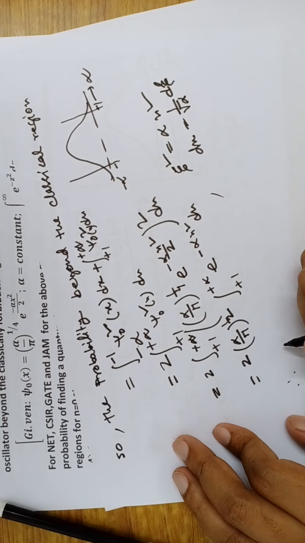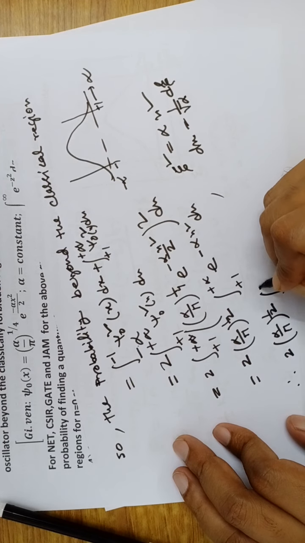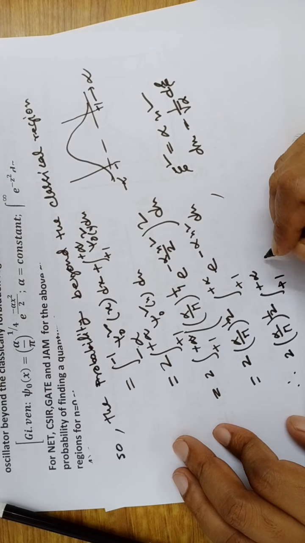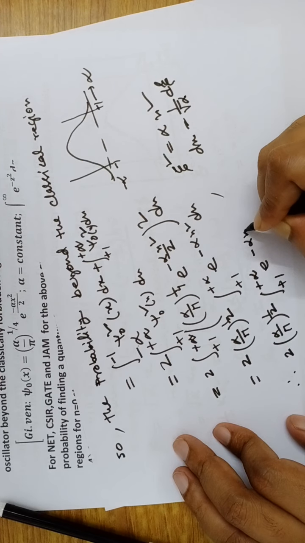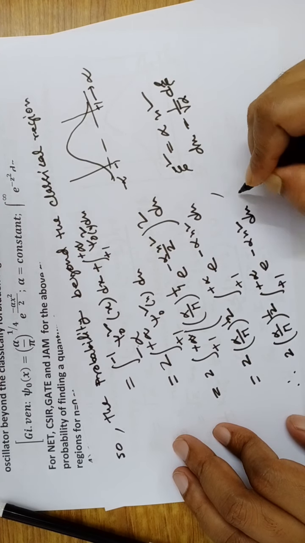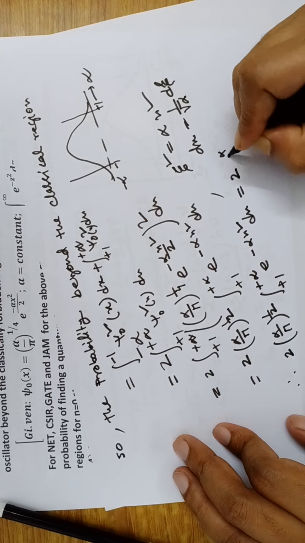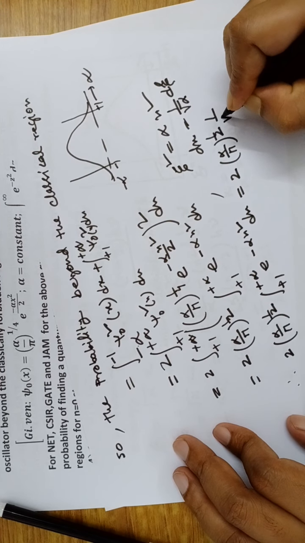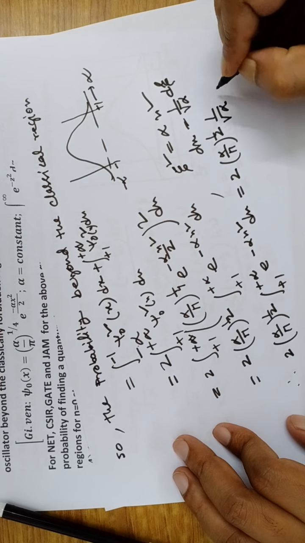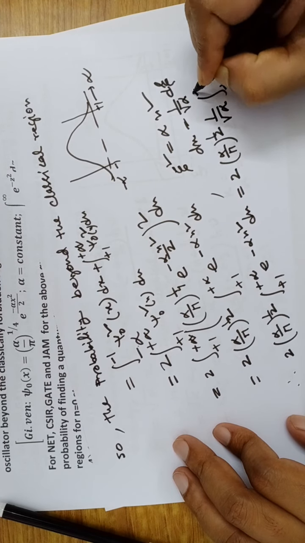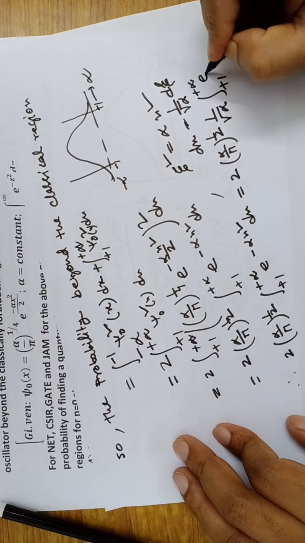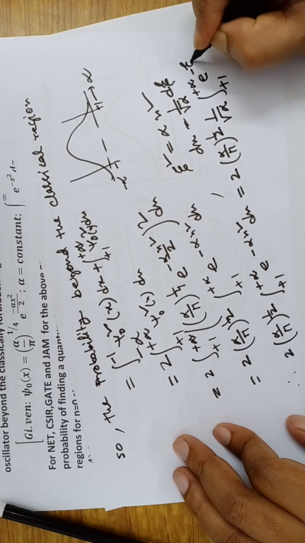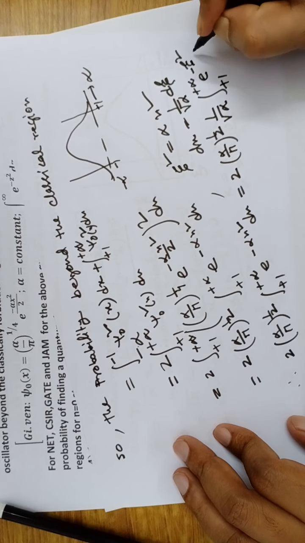So we can write 2 alpha by pi whole to the power half, integral from plus 1 to plus infinite e to the power minus alpha x square dx equal to 2 into alpha by pi whole to the power half into 1 by root alpha, integration plus 1 to plus infinite e to the power minus zeta square d zeta.